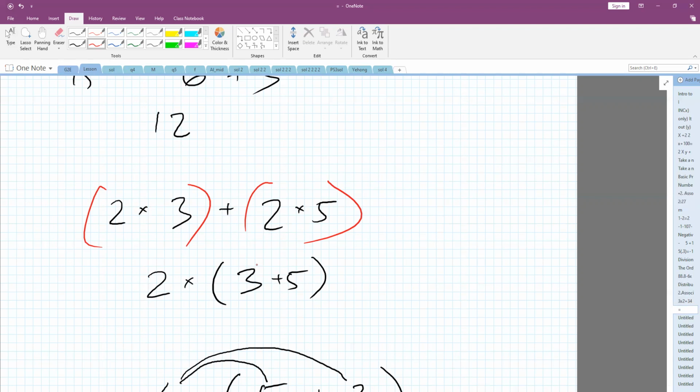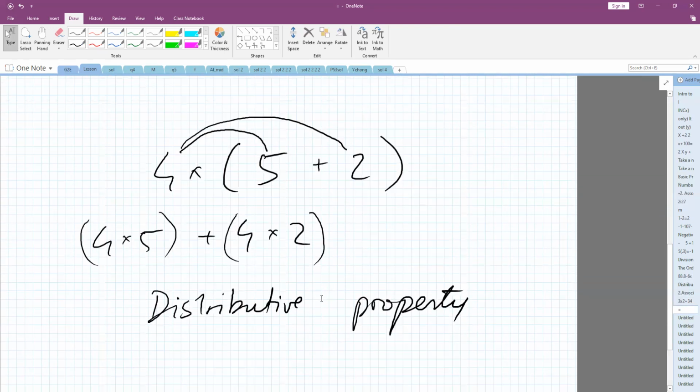Okay, so you will see that later, yeah. But now, if you look at the idea, this is how we do the distributive property. Okay, so I'll stop here.